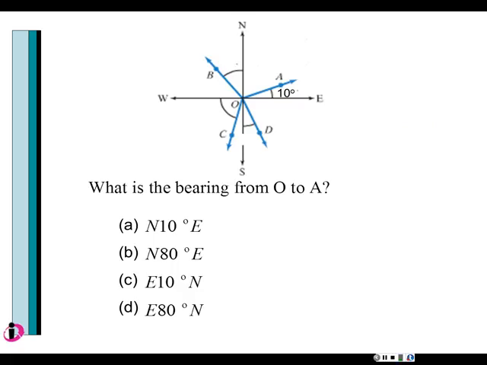Just check with the book whether the book also wants to do that. If that is the case, then you should start from the angle from the north side, and you have to consider this angle here, which is 80 degree, because the complete angle is 90 degree here. So in that case, you should have the answer north 80 degree east, which would be B.